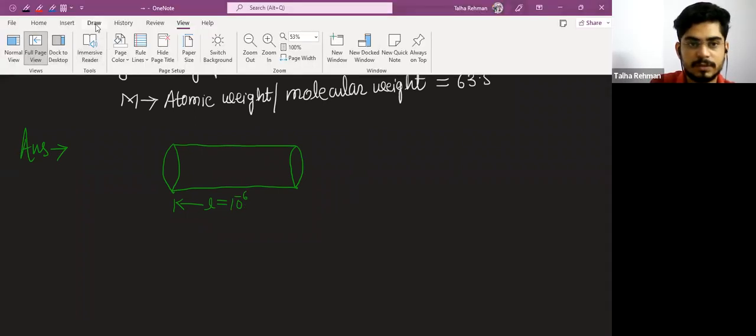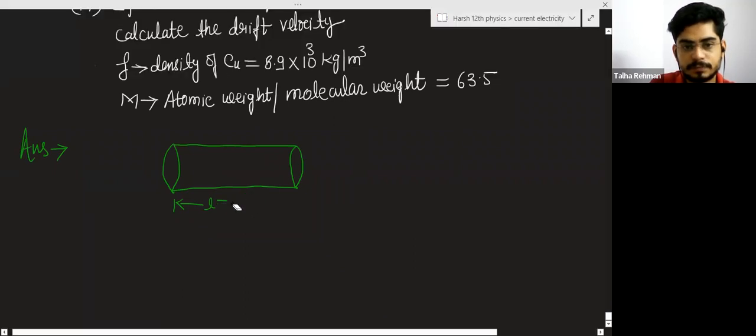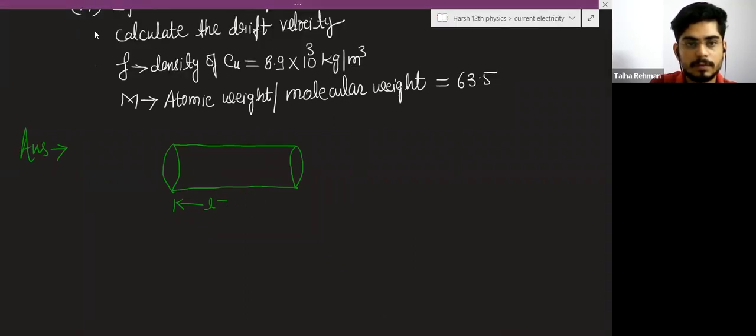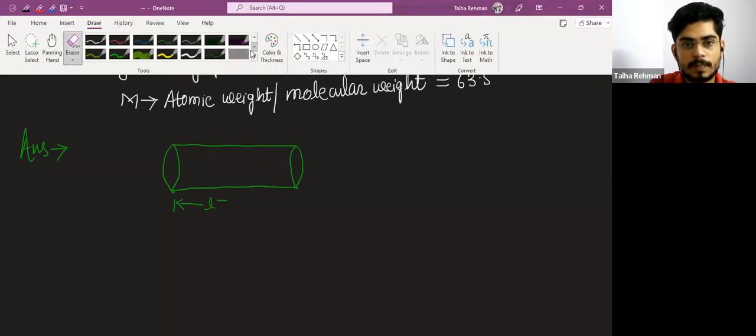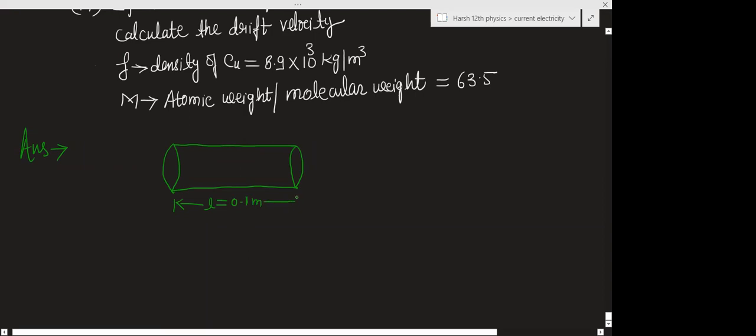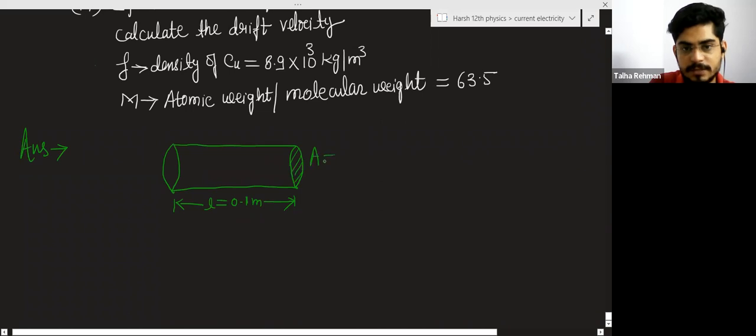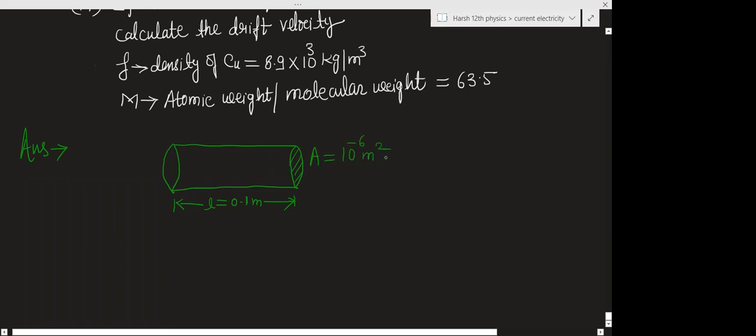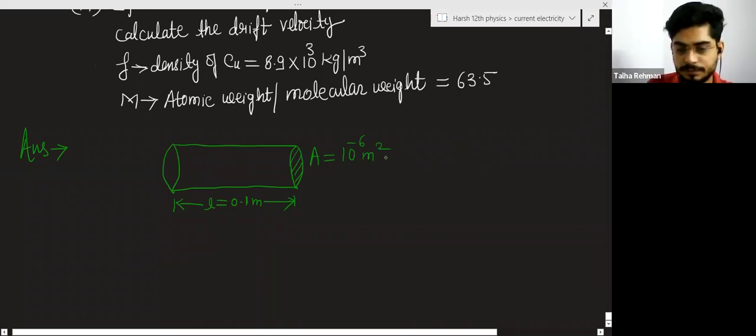Length is given as 0.1 meter. Area of cross section A is given as 10 to the power minus 6 meter square.